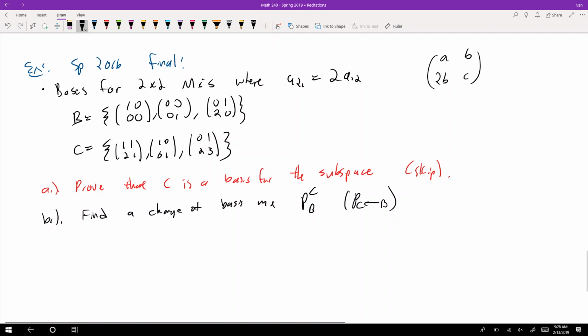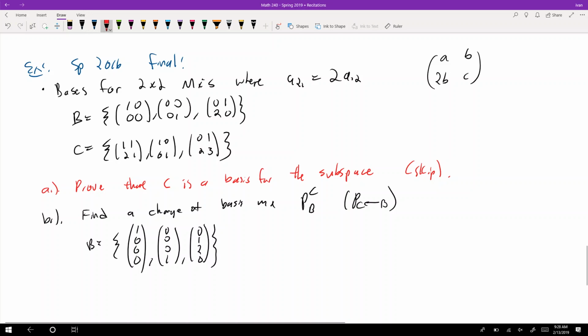Now we run into the classic case of having matrices that I need to put into other matrices. Remember, when you have a matrix and you want to put it in as a column vector, you've got to unravel the matrices. So in this case, let's write B as the following: 1, 0, 0, 0, 0, 0, 0, 1, 0, 1, 2, 0.